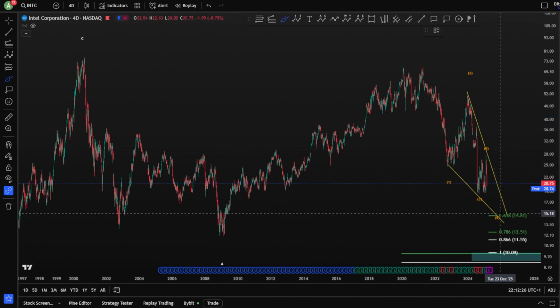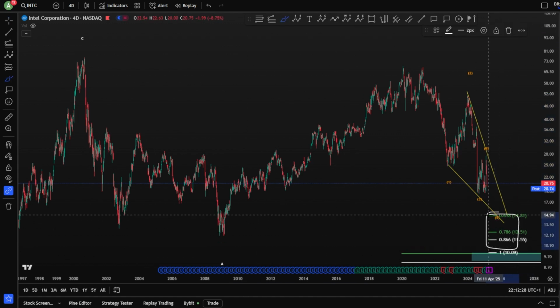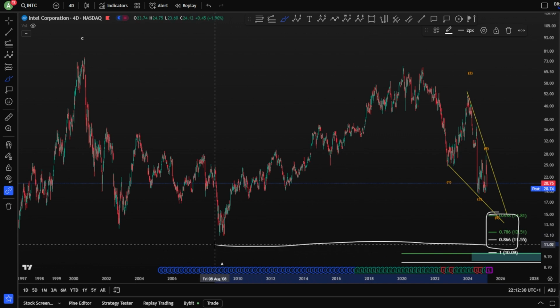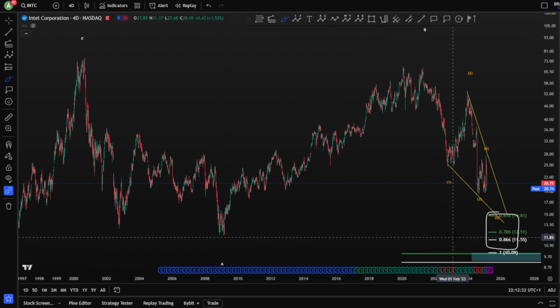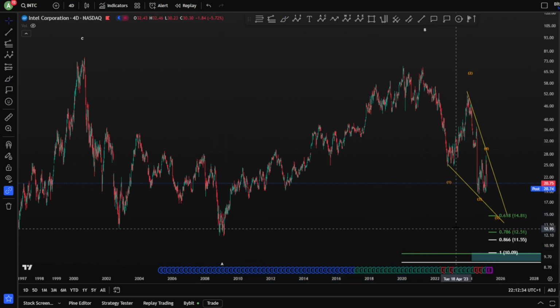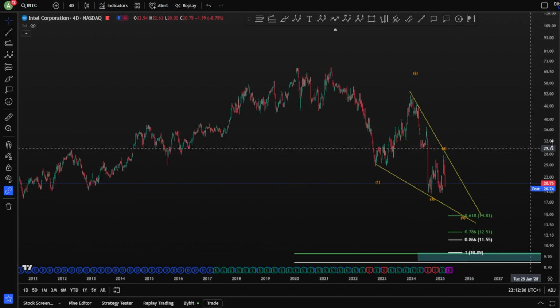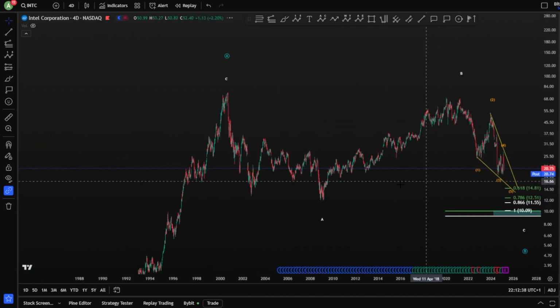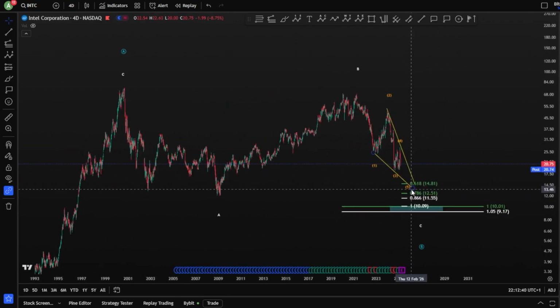So as you can see, the wave 5 can range inside this area, meaning we can take the low very easily. A wave 5 as a big zigzag toward the downside is totally okay, of course.